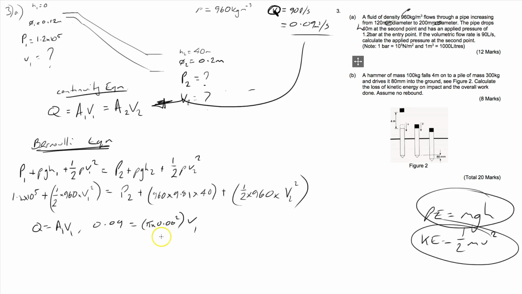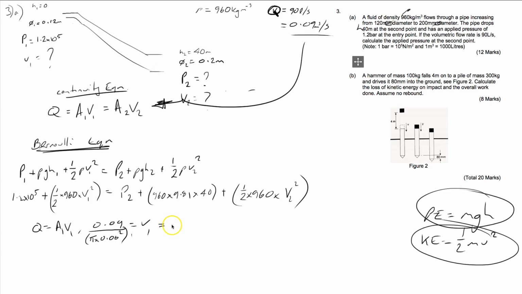Divide both sides by this value, move it across. I like that trick. And we will calculate that to be equal to 7.96 meters per second. That's the input velocity here.